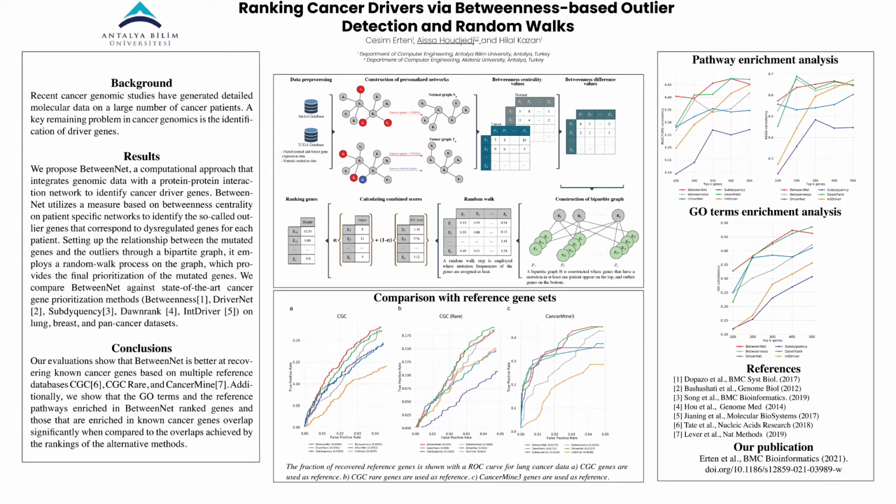Here we are proposing a computational approach, named BetweenNet, that integrates both genomic data and a protein-protein interaction network to identify a set of driver genes that contribute to cancer development. Our approach uses betweenness centrality measurements on patient-specific networks to identify the set of dysregulated genes, or outlier genes, for each patient.